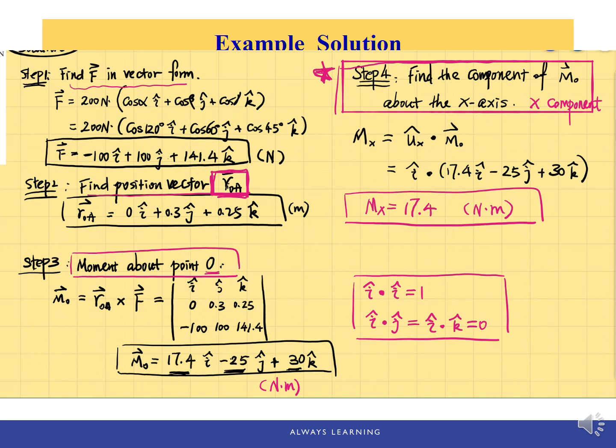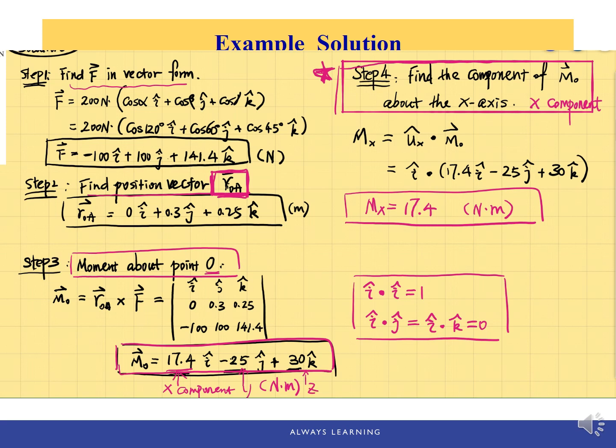If you take a look at this vector M_O, don't think about what this vector is for. It's just a general vector. Let's say this is just a vector, not a moment, not a force. And if we have a vector, we call this the x component, right? And this is the y component, and this is the z component.